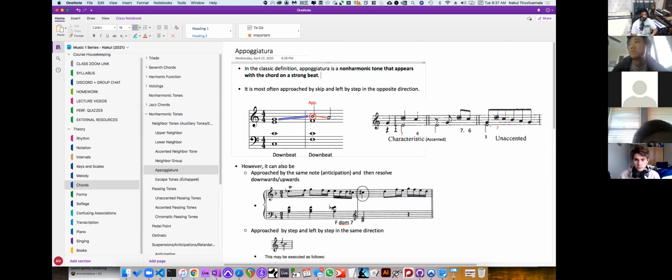But it's kind of like we have to pick which definition we look at. This characteristic appoggiatura, where you approach by leap and resolve by step in the opposite direction, we can look at it here. It's a non-harmonic tone that appears with the chord on a strong beat, and it resolves by step in the opposite direction.